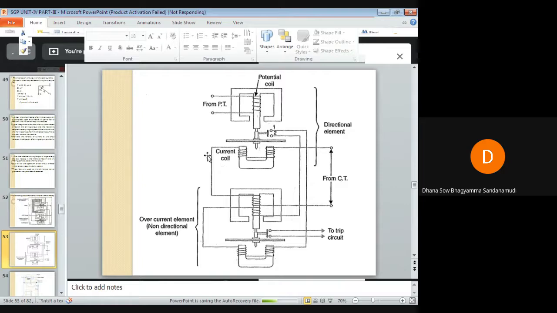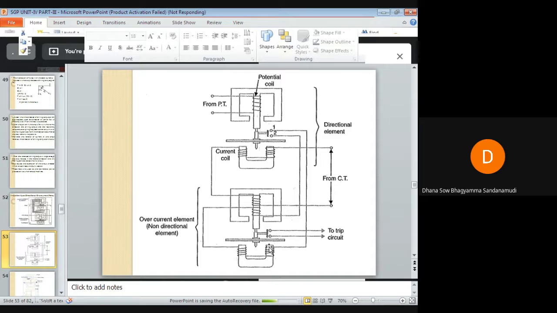And this current coil is not only wound across the lower electromagnet of the directional element, it is also connected to the primary winding of your overcurrent element, and given to the secondary of the CT.